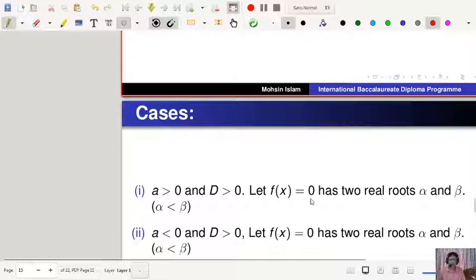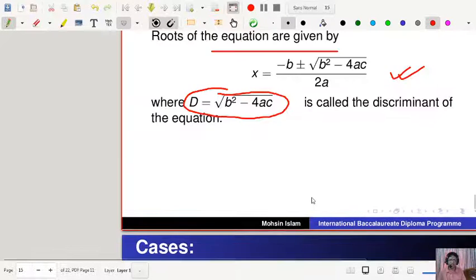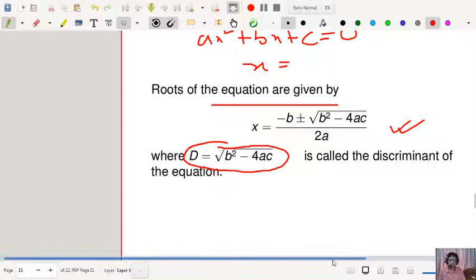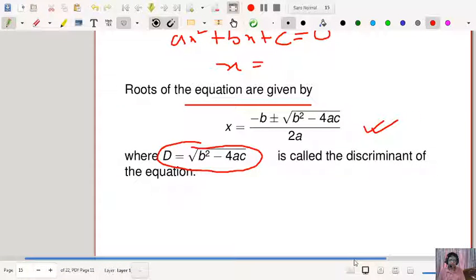So let me explain the cases for the quadratic, because this is the most important. Look at that.